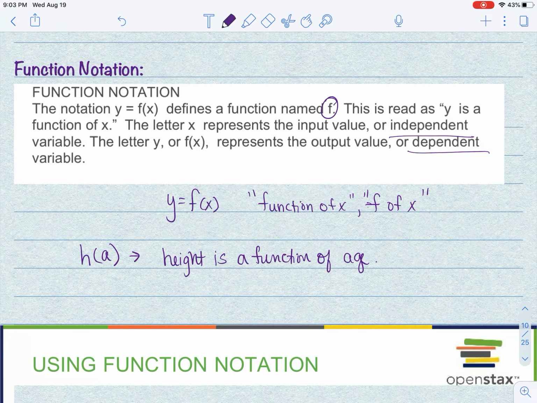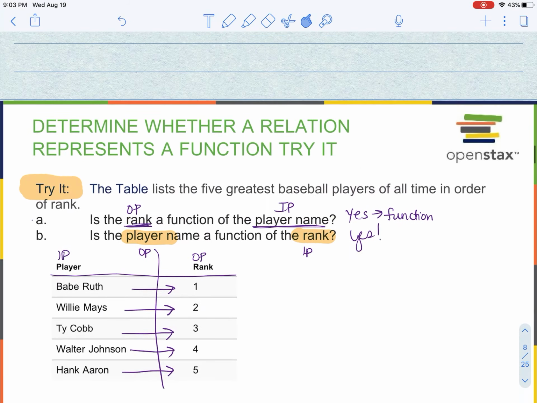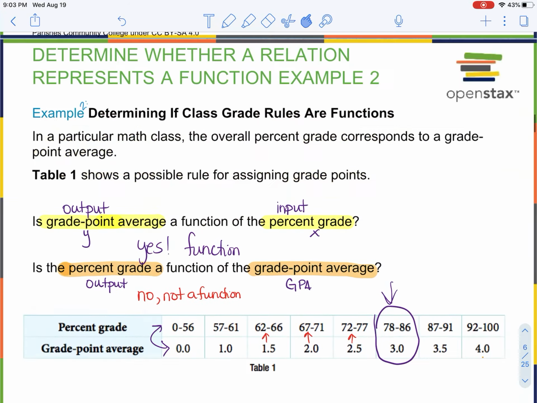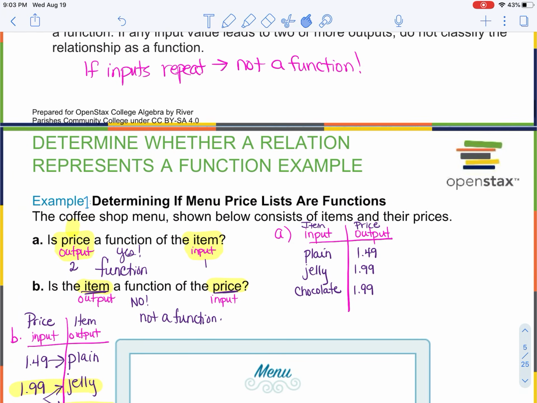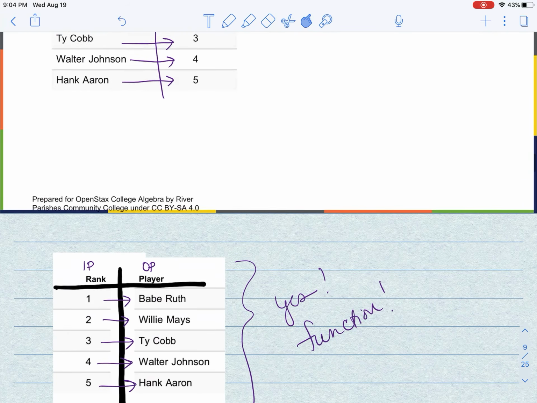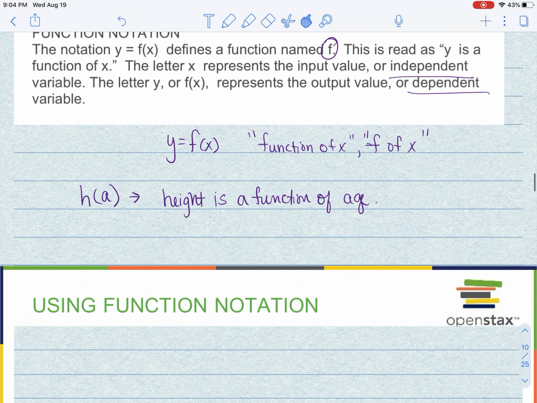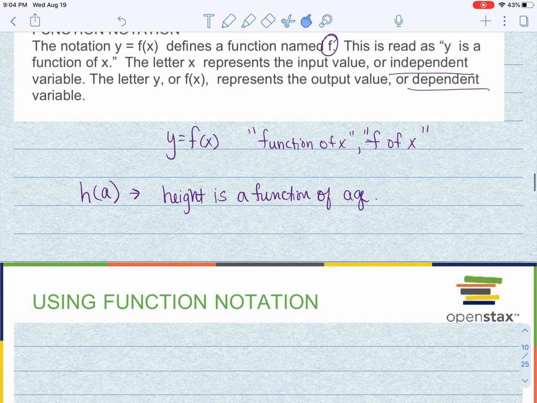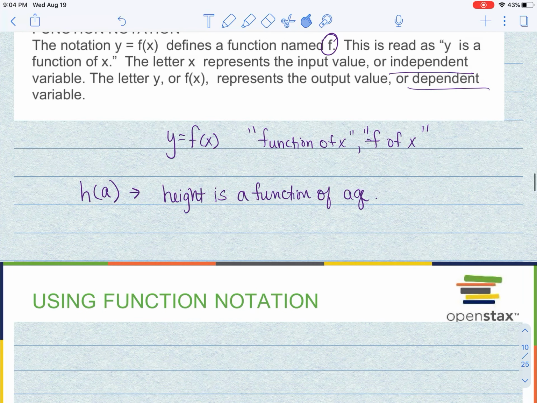But this, again, goes hand in hand with the wording we saw up here. Let me go back to it, where we said that the output is a function of the input. So the y is a function of the x. And that is how we're writing it down here. h is a function of a. Height is a function of age.